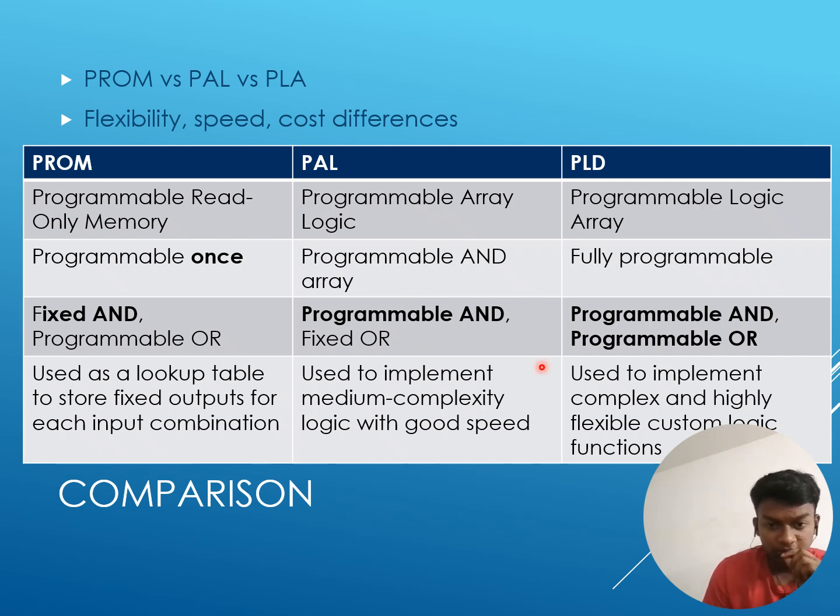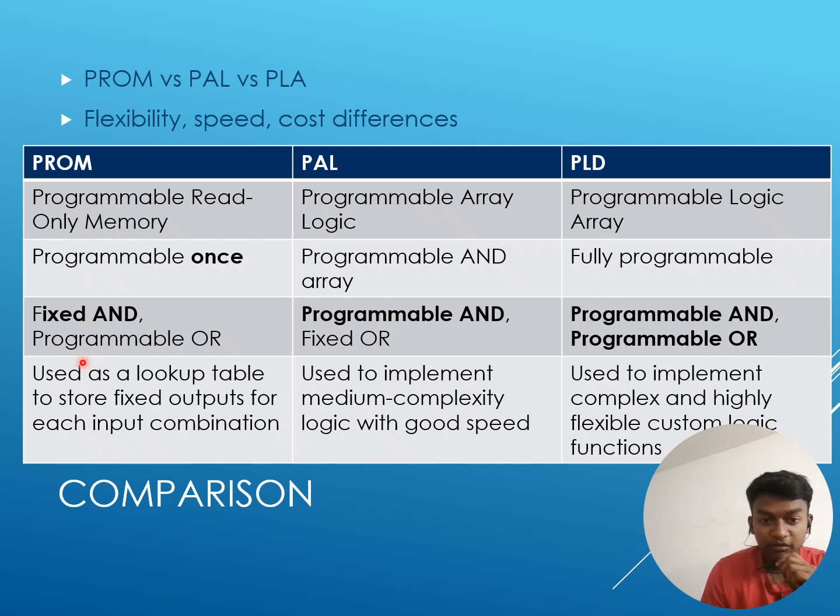The table shows the comparison among PROM, PAL, and PLA. The full form of PROM is programmable read-only memory, PAL is programmable array logic, and PLA is programmable logic array. PROM can be programmed only once, PAL has a programmable AND array and fixed OR array, and in PLA both are programmable.